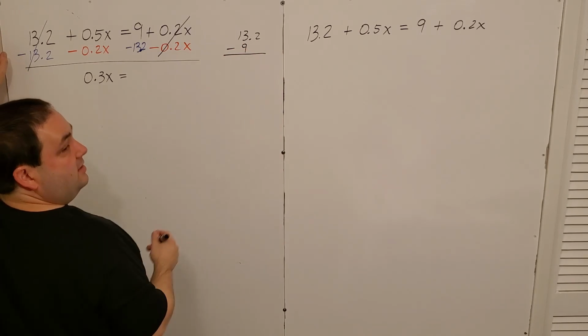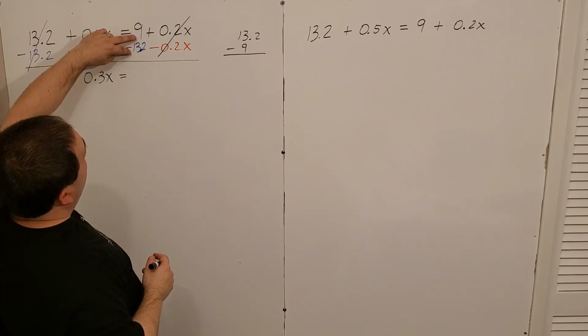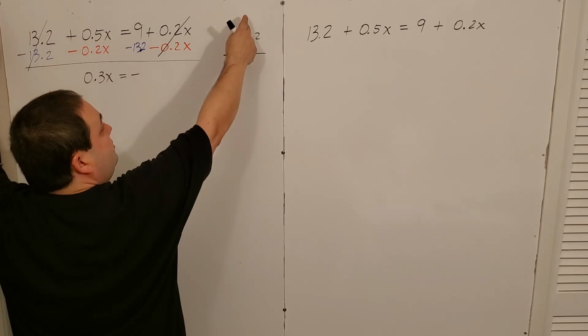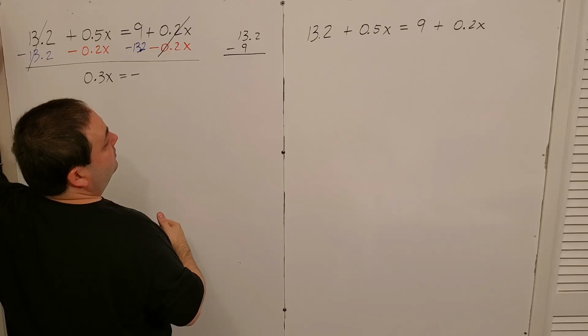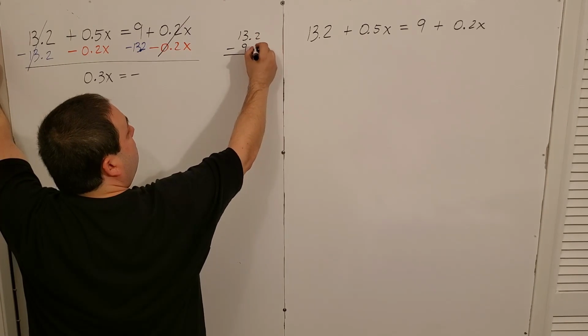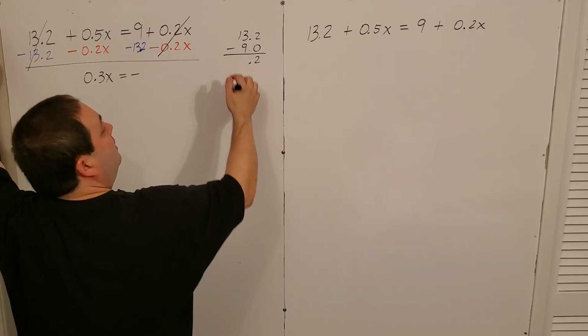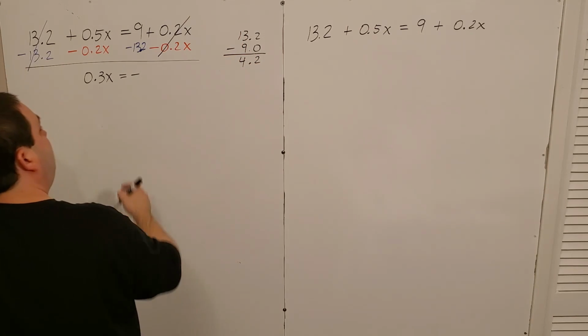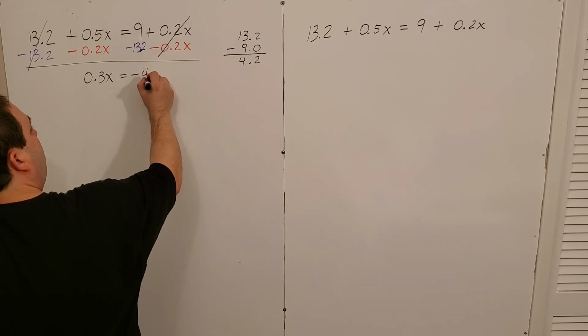I'm doing 13 minus 9, I know, because I'm going to end up with a negative number here. But really what I'm doing is just subtracting the sizes, right? So I've got 2 minus 0, which is 2. And then I've got 13 minus 9, which is 4. So I've actually got negative 4.2 here.